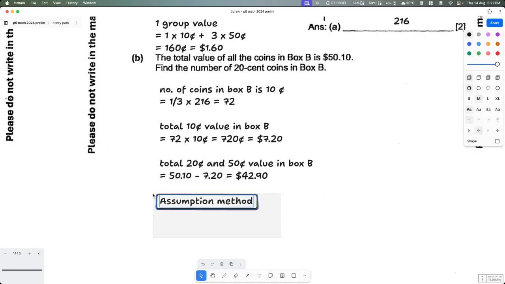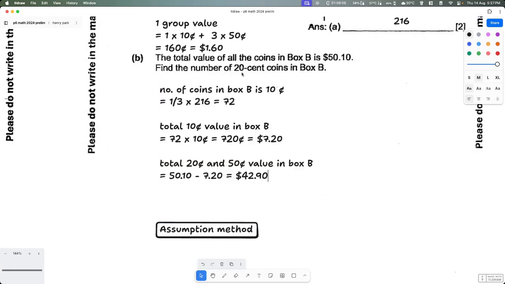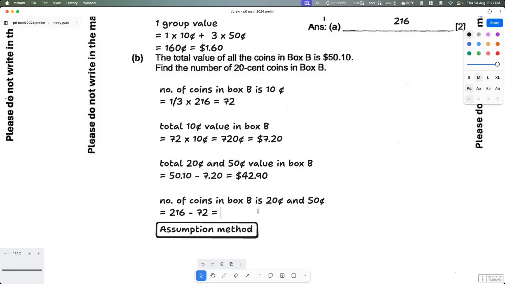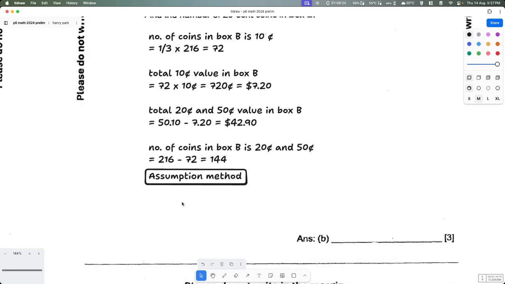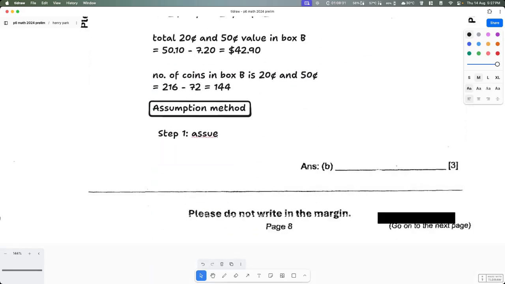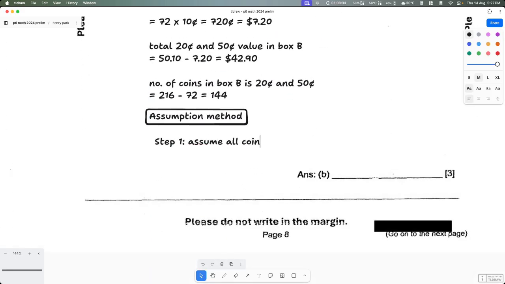At the same time, we also know that the number of 20 cents and 50 cents coins is basically equal to 216 minus 72, which is equal to 144. Okay, so assumption method. For step 1, assume, so we want to calculate what coins? 20 cents. Assume all coins are 50 cents.